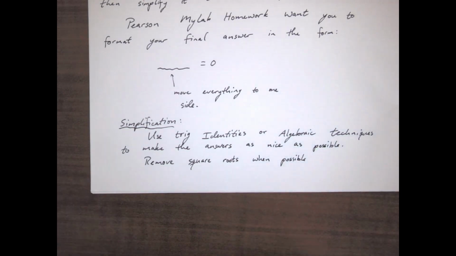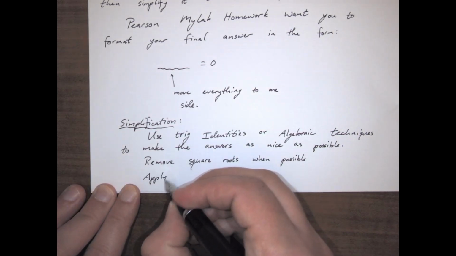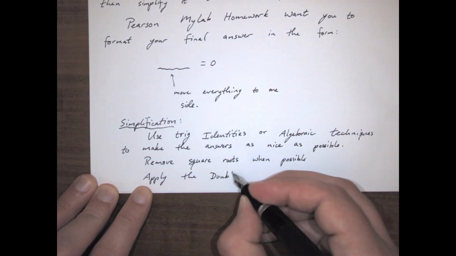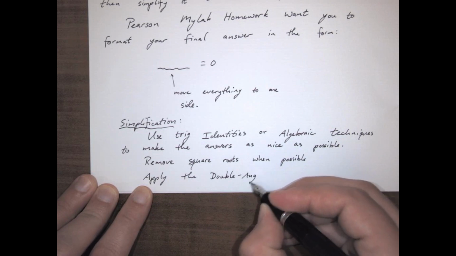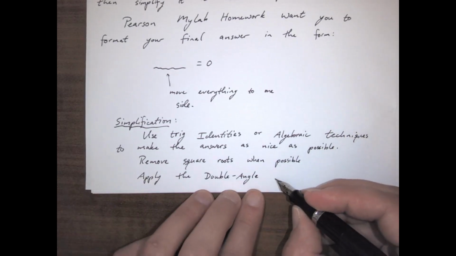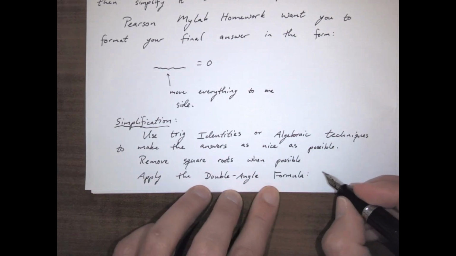And that would be accomplished by squaring both sides. You might have to move everything to one side and then square both sides. Remove square roots when possible, and also apply the double angle formula, and the one that we're going to be using is the sine one.